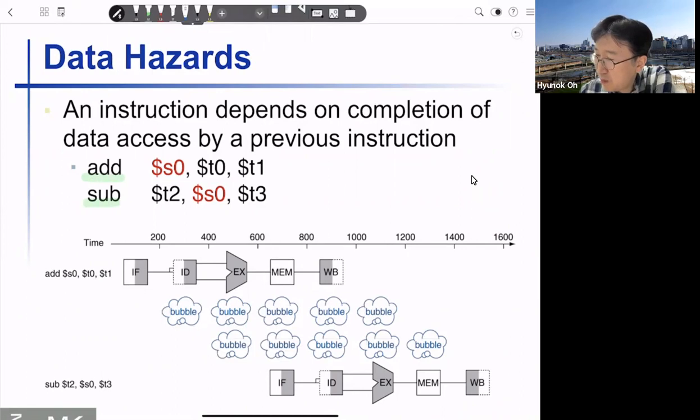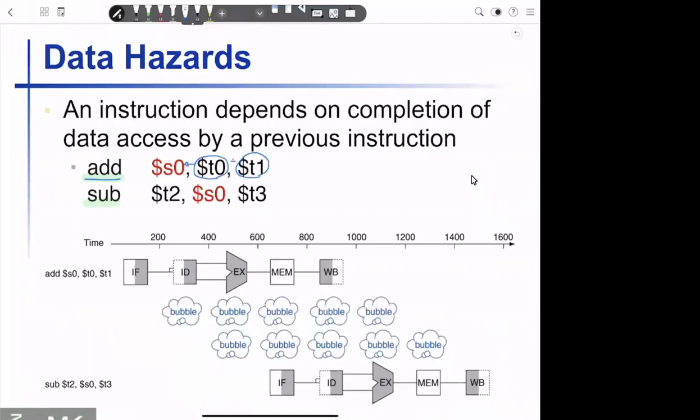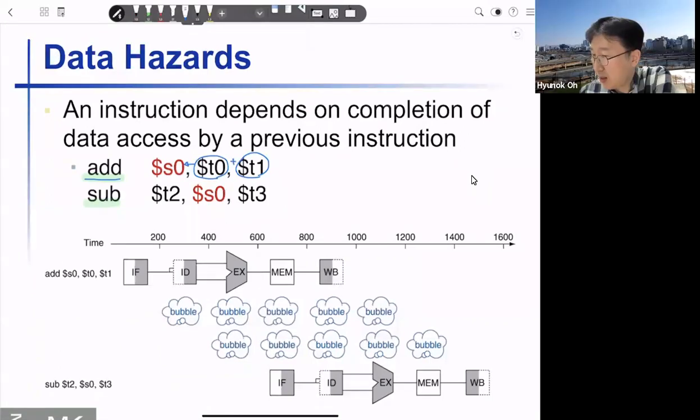The first add instruction is adding two register values, T0 and T1, and then the result is stored into the S0 register, right? And then after add is completed, the subtraction instruction reads the S0 register and T3 register, and that result is stored into the T2 register.